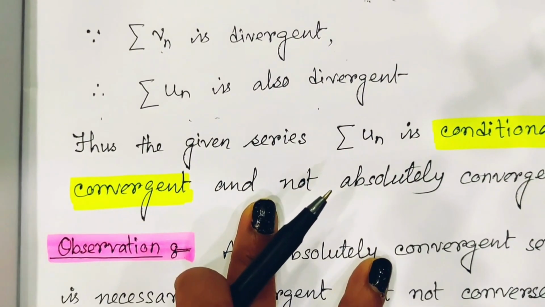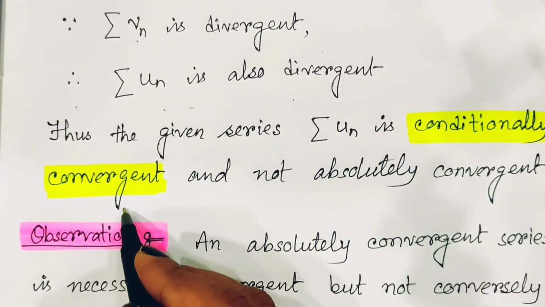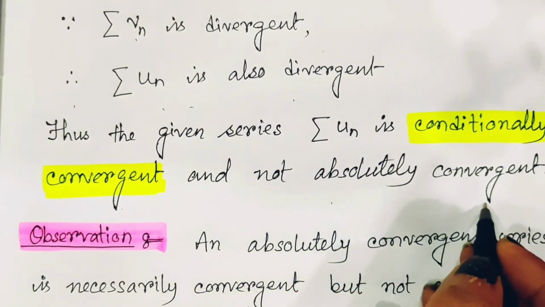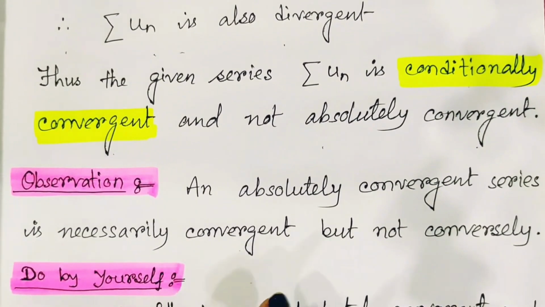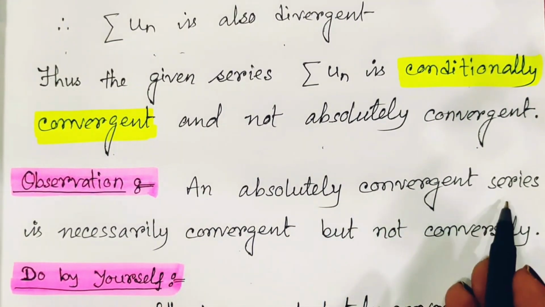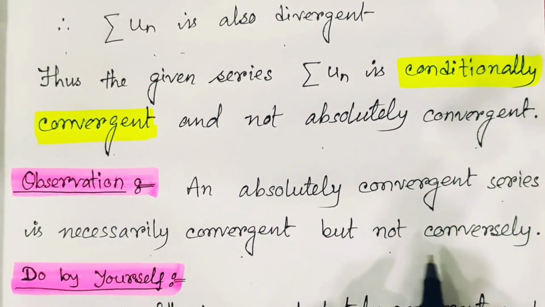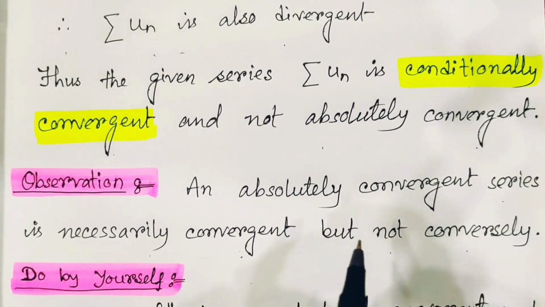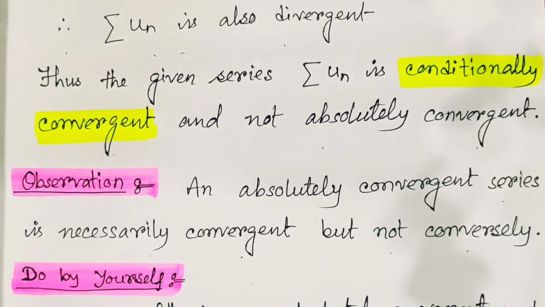Thus we can say the given series is conditionally convergent and not absolutely convergent. From here we can observe one thing, which you can call a formula or theorem: an absolutely convergent series is necessarily convergent but not conversely. That means if a series is absolutely convergent, then definitely the series is convergent.